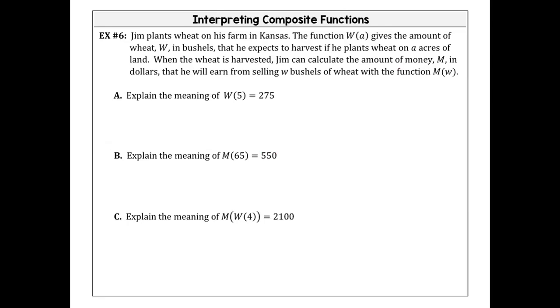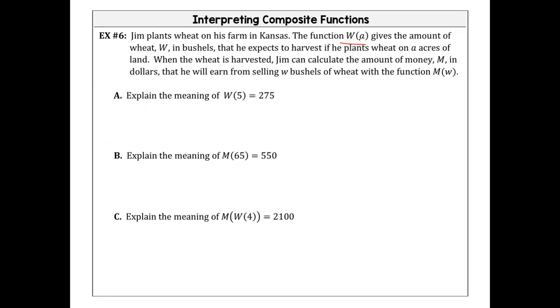When the wheat is harvested, Jim can calculate the amount of money M in dollars that he will earn from selling W bushels of wheat with the function M of W. Okay. So M of W is what we're looking for in terms of W of A. So in the case of here, W equals W of A. So explaining the meaning of W of 5 equals 275.